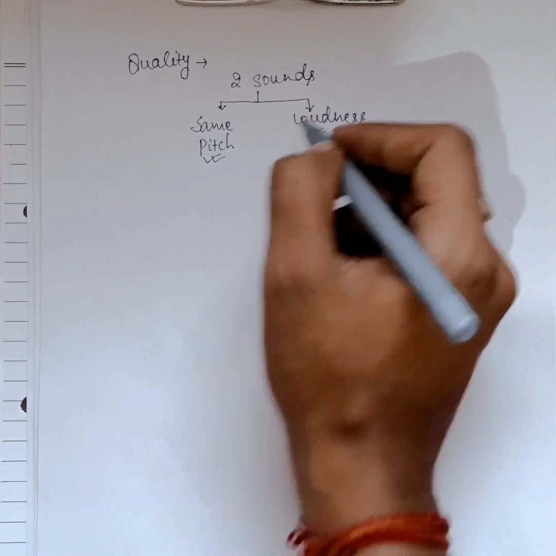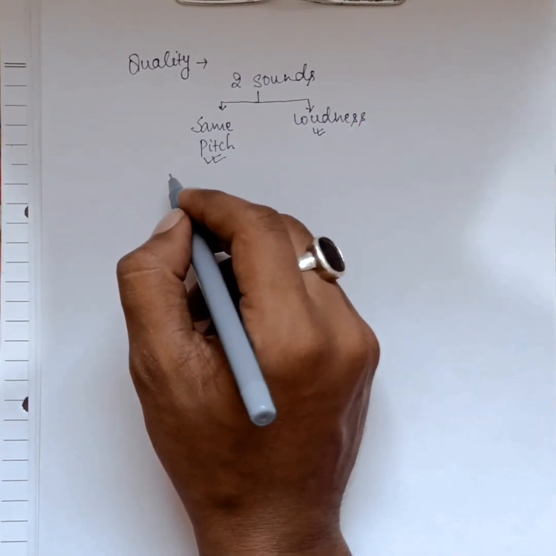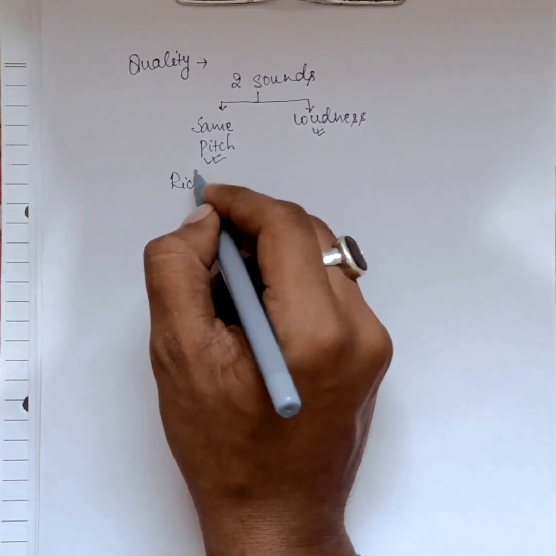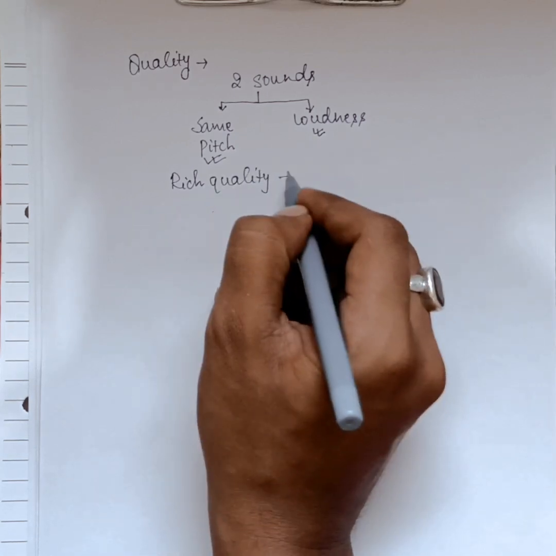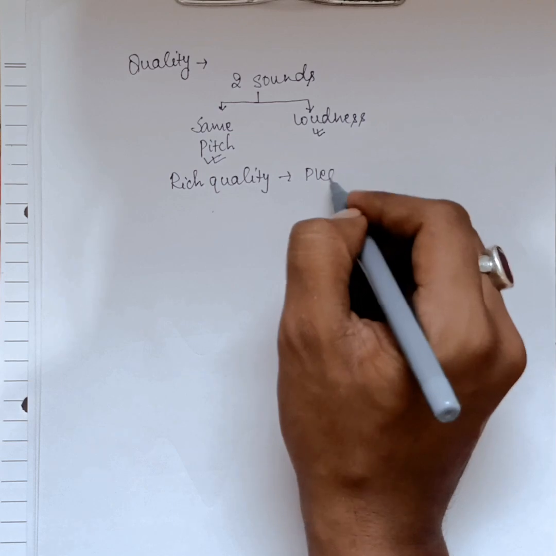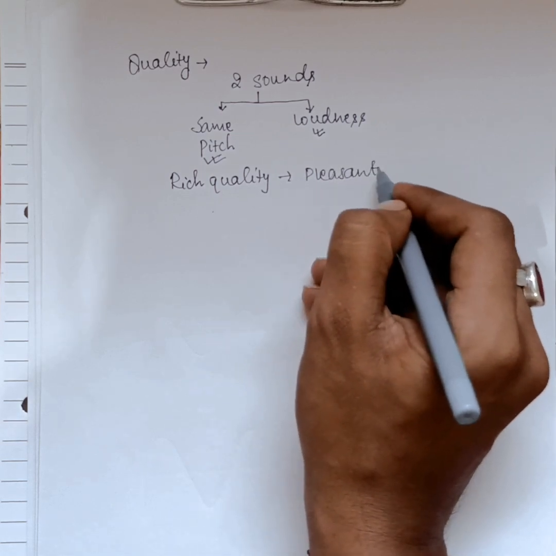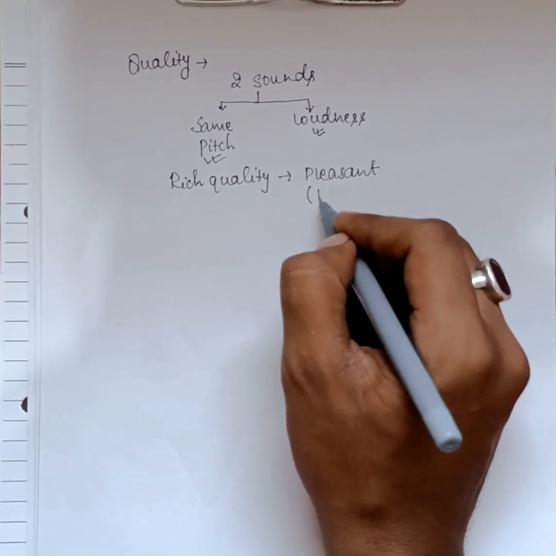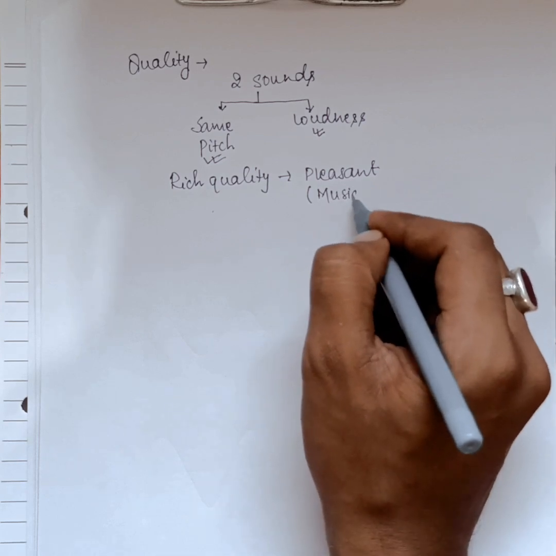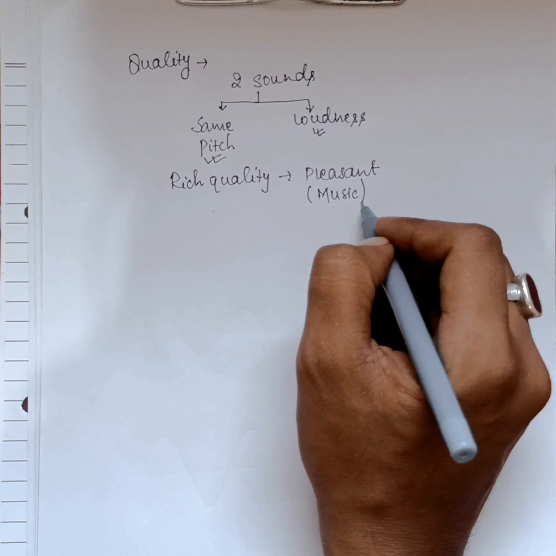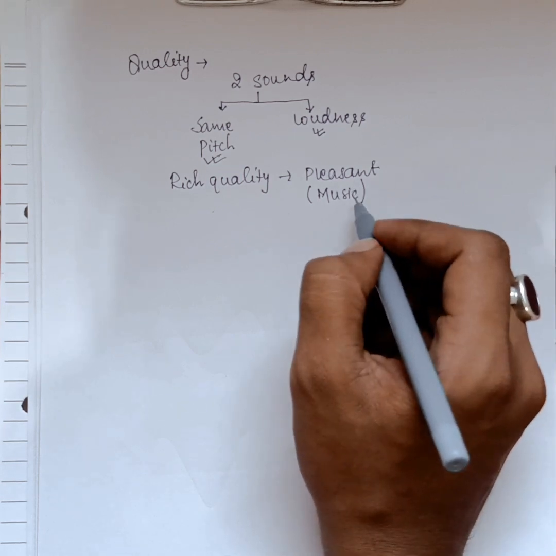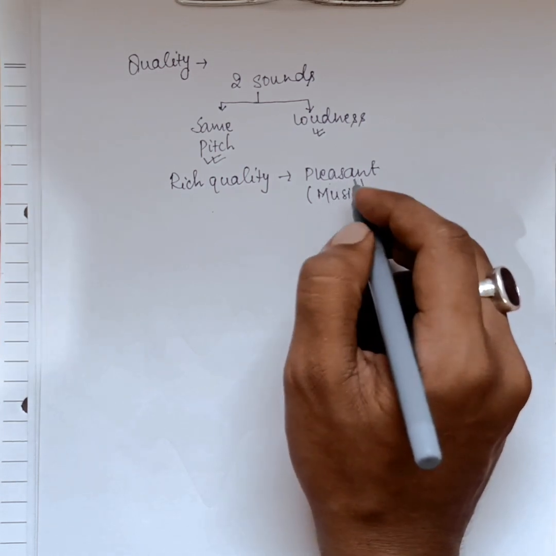Here, if the sound quality is rich, then we call it a pleasant sound. What is a pleasant sound? Suppose you are listening to music and it is pleasing you, you are interestedly listening to that song, then that kind of sound is known as a pleasant sound.